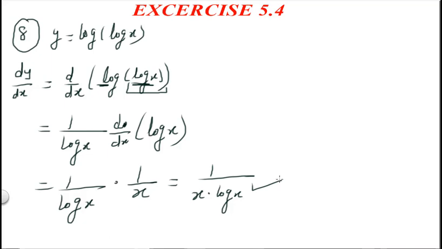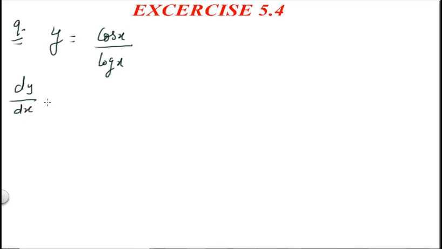Let us discuss one more question of homework, which is question number 9. In question number 9, the function which is given to us is cos x upon log x. We have to differentiate it. Now, differentiating both the sides with respect to x, you know this is in the form u upon v.